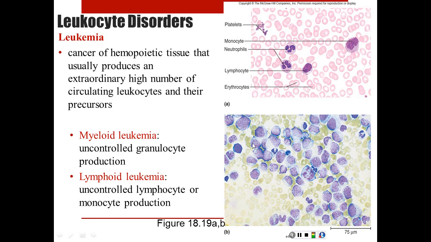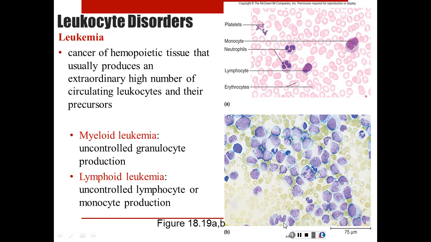So let's get back to my diseases or disorders. This other one is called leukemia. Leukemia is a cancer. I know a lot of people have heard of that. It's a cancer of the hematopoietic tissues that usually produces an extraordinarily high number of circulating leukocytes and precursors.